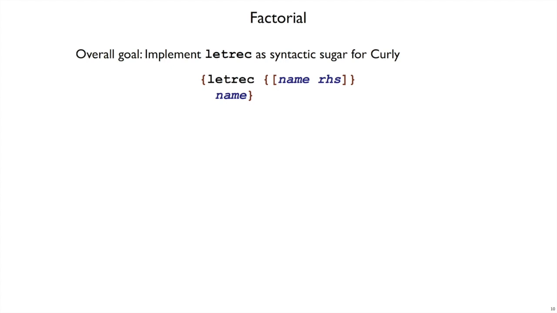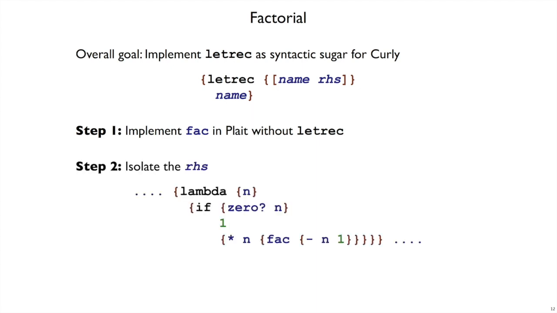Right? So our goal is going to be to implement letrec as syntactic sugar for curly. And we've seen that it's not just as simple as let. Instead, I'm going to have to break it down into 3 steps. So first step, we're going to implement fac in just Plait notation, but without using letrec or local. And once we've done that, then we'll go a little further and we'll rearrange our encoding so that we isolate the right-hand side.